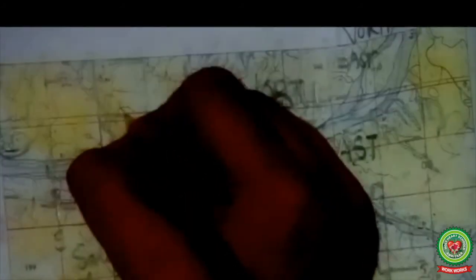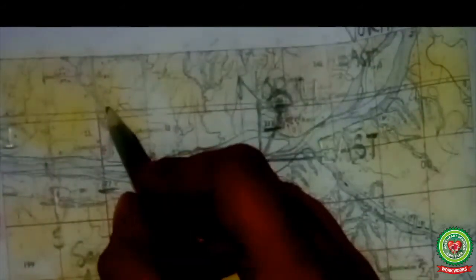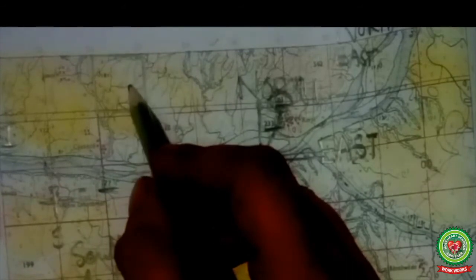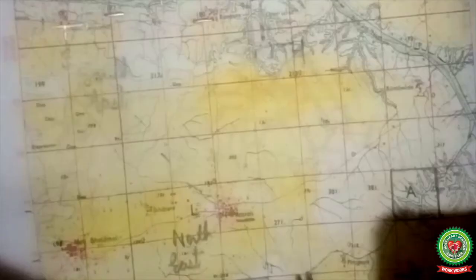Here you can see that the streams are forming the pattern like the veins of a leaf. Hence, in this grid, that is 9382 grid, we have dendritic drainage pattern.